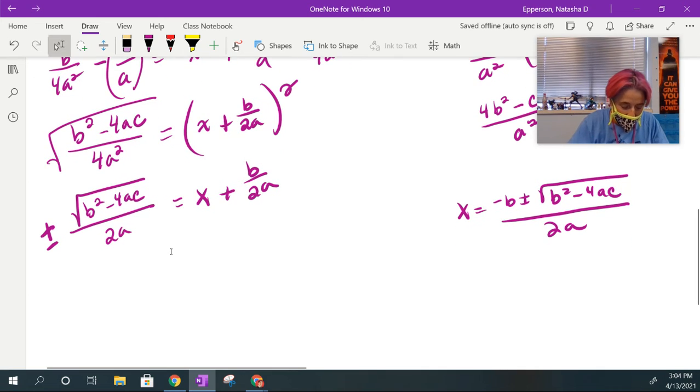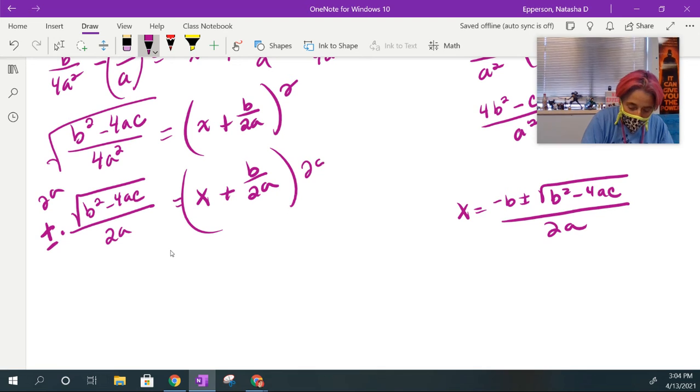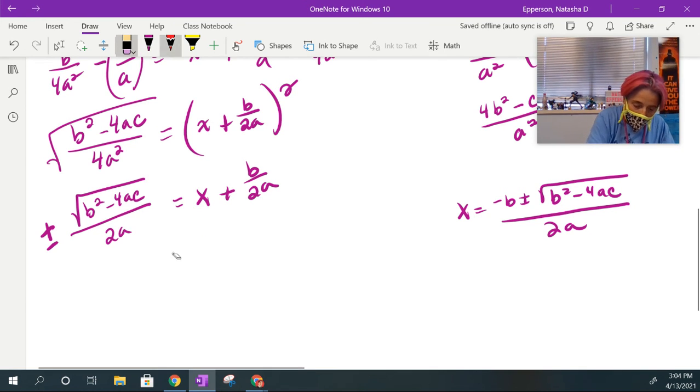All right, I'm going to get rid of that 2a that's underneath. So that means I'm going to multiply both sides by 2a. This becomes plus or minus the square root of b squared minus 4ac is going to be equal to, hold on, wait, back up. I'm going to actually keep that 2a on the bottom, and we're going to make it common.